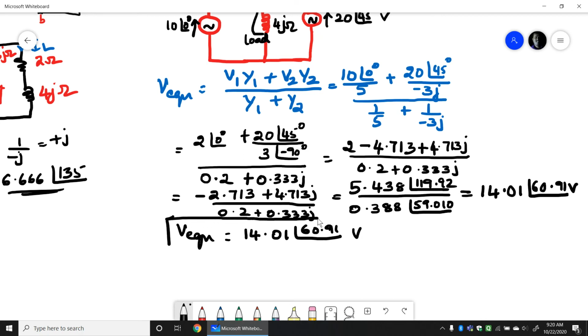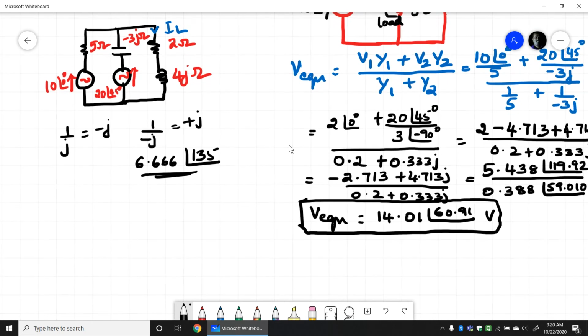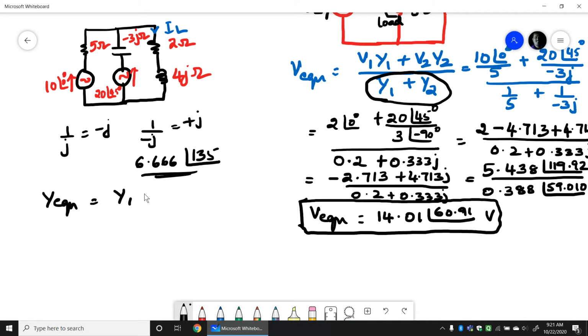Now my next job is, I need to find out what is Z equivalent. If you thoroughly observe here, in this V equivalent I've already found Y1 plus Y2. So first we'll find Y equivalent, which is nothing but Y1 plus Y2. After taking this, we got 0.2 plus 0.333 j, which is Y equivalent, and then I converted this into polar form.